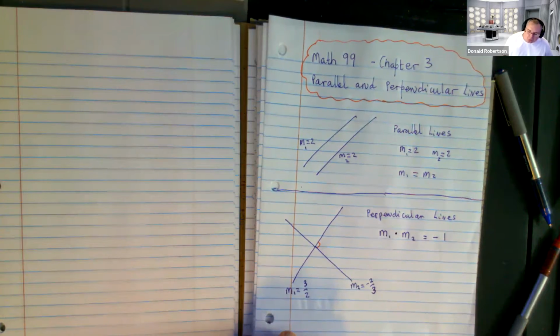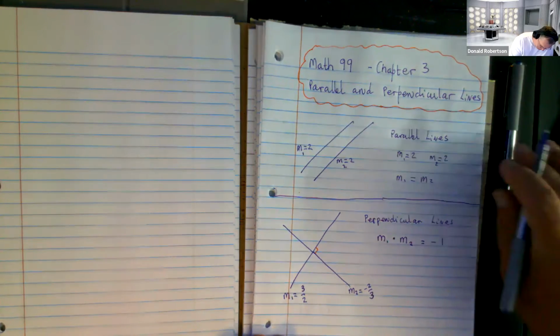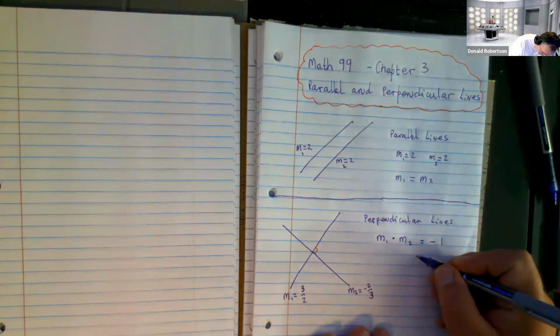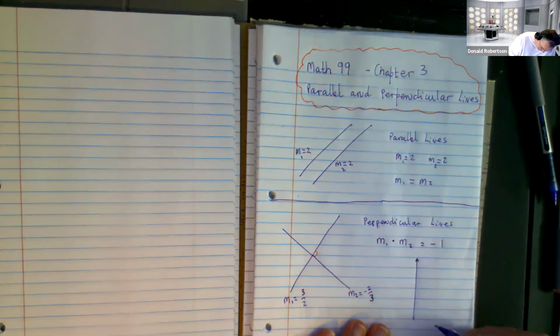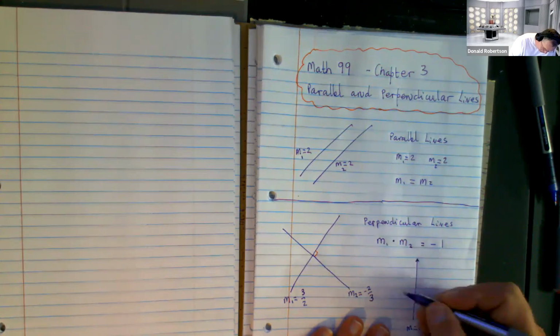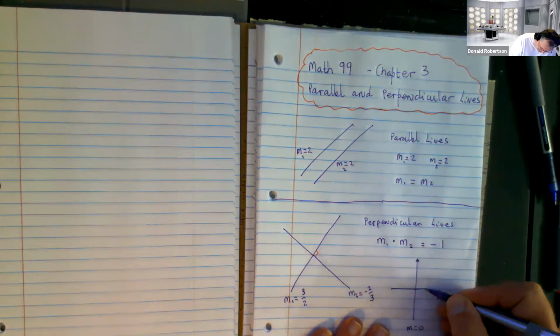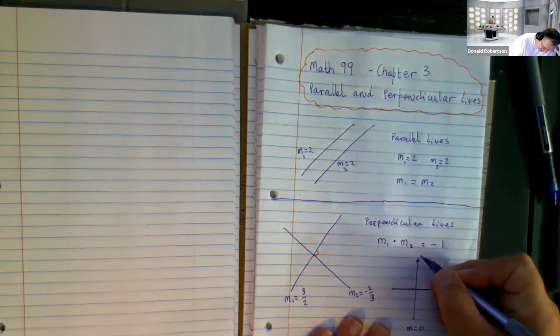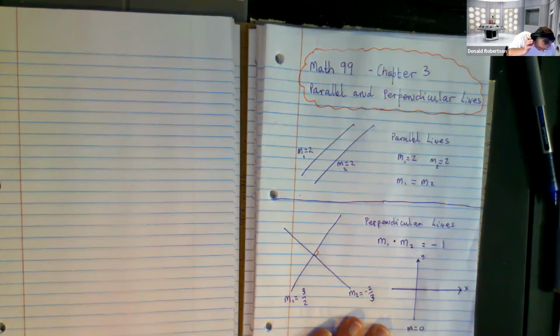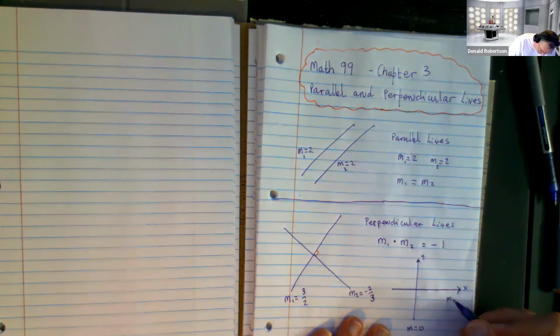Now, there is one exception to that rule. It's pretty straightforward. If you have a line that's horizontal, then its slope will be 0. And if your other line is vertical, like that guy going that way, then its slope is undefined.